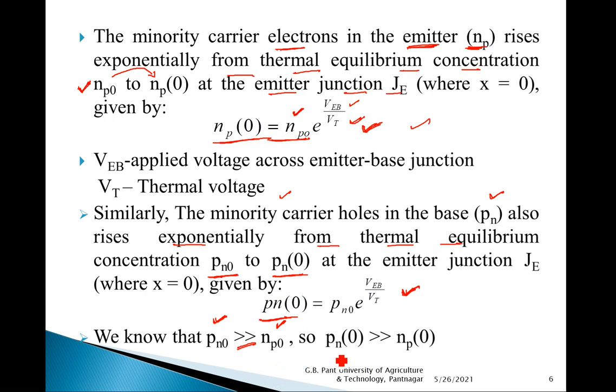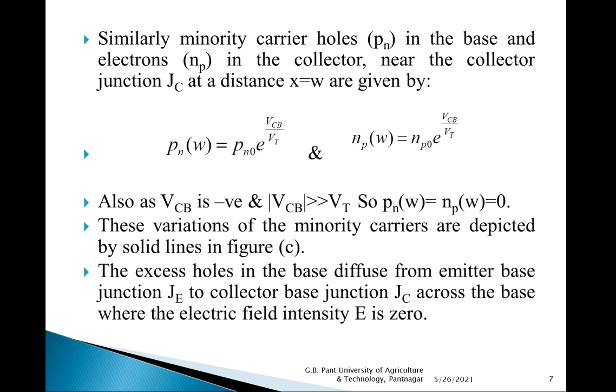Because of this, we can say that the rise in the minority carrier concentration of holes is greater than the rise in the minority carrier concentration of electrons. So these two values we can visualize in that way just because of this relationship. Then similarly, what happens at the collector junction?